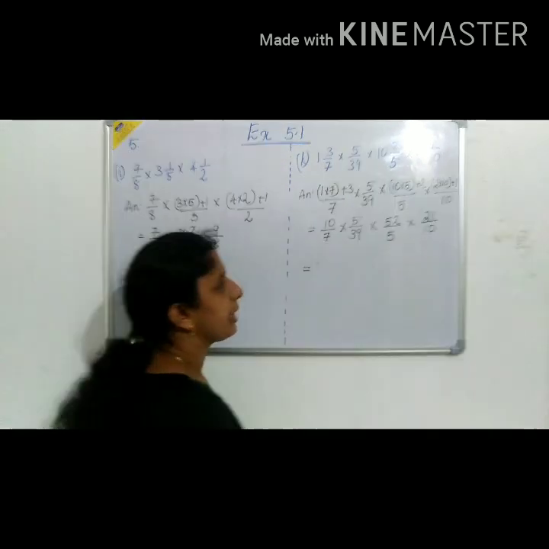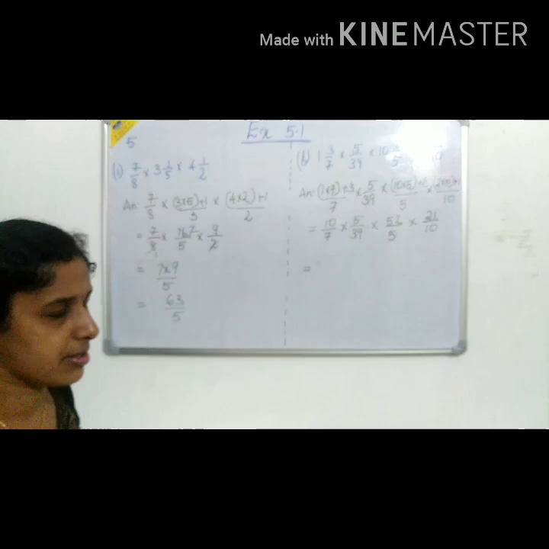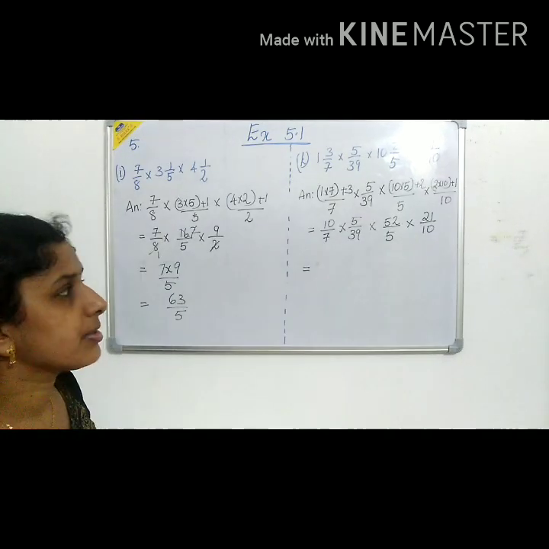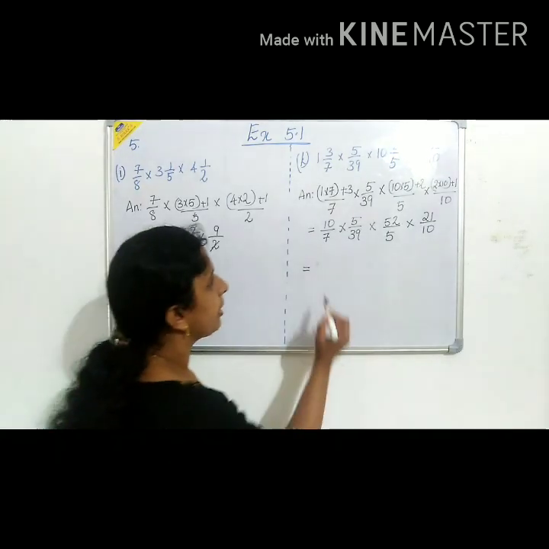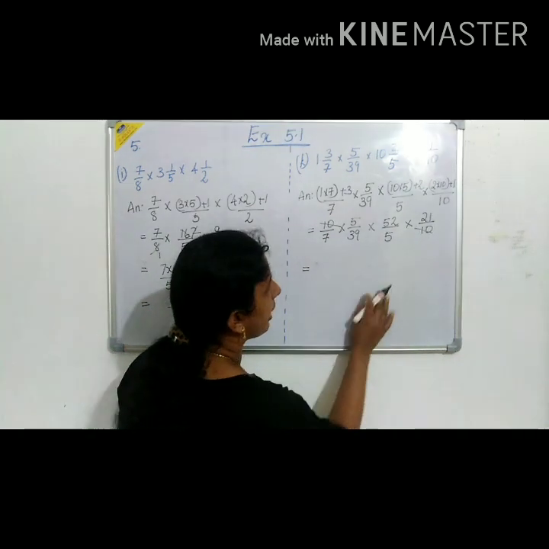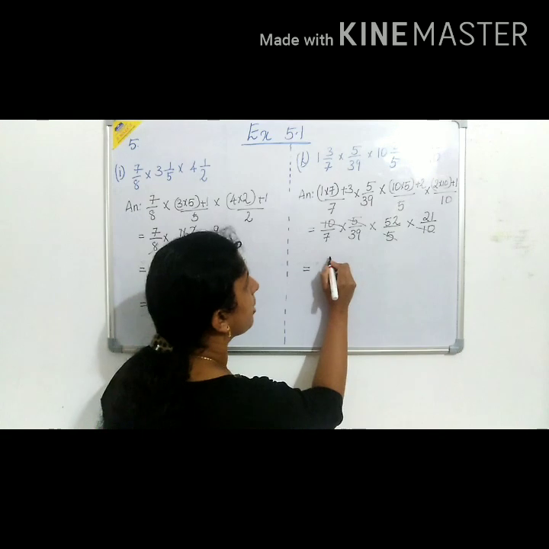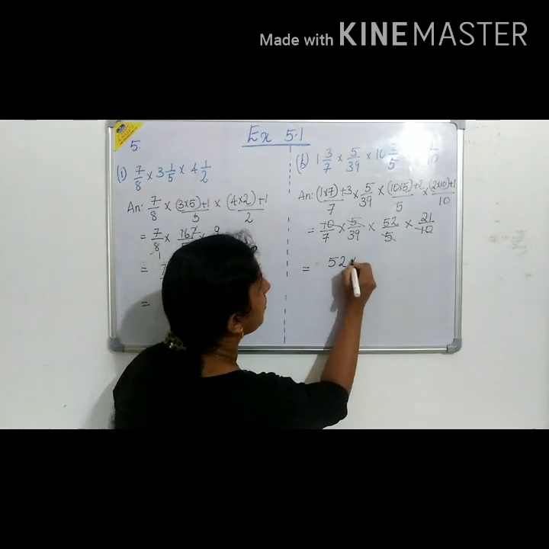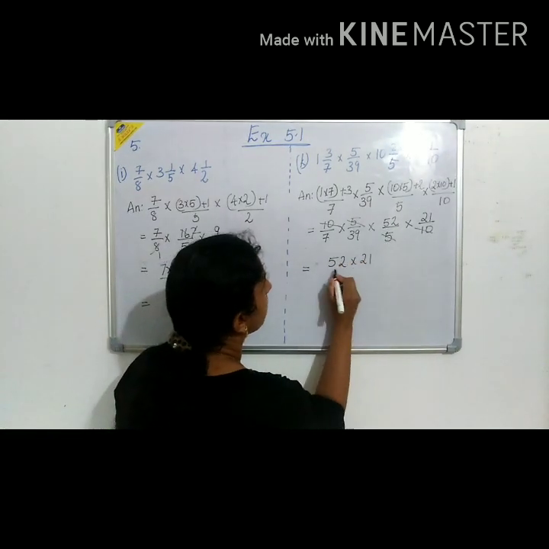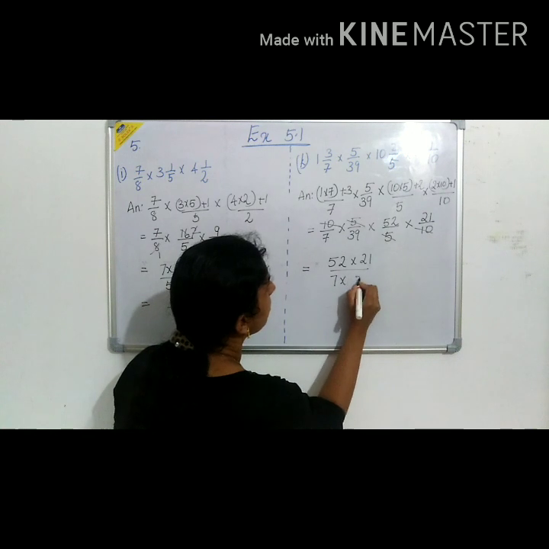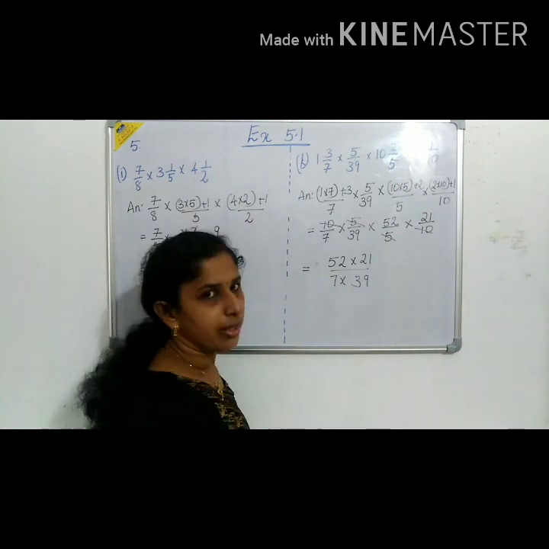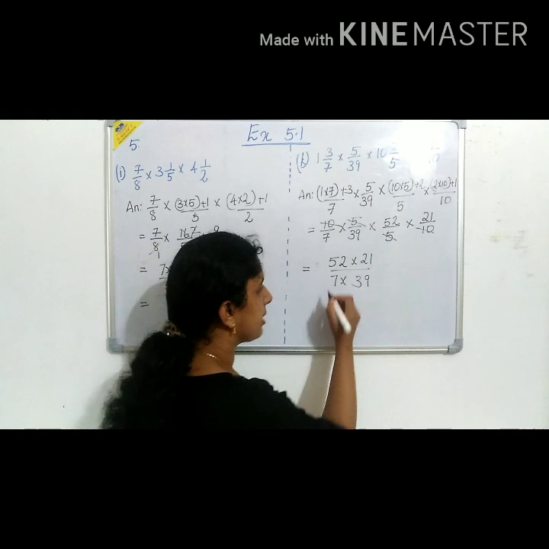Now we have to cancel the common factors from this numerator and the denominator. Here 10, 10 cancelled, 5, 5 cancelled. What is left here? 52 into 21 by 7 into 39. Now 7 and 21 you can cancel.